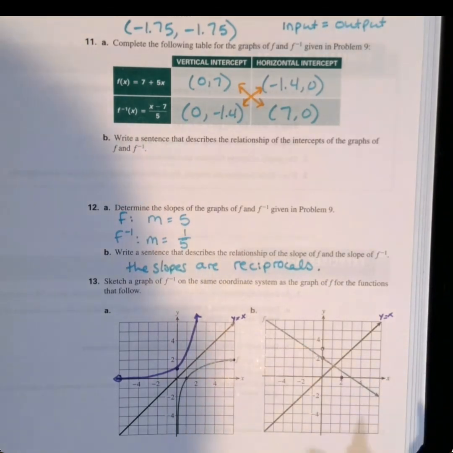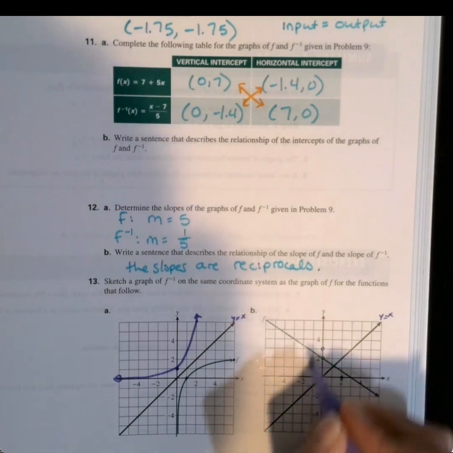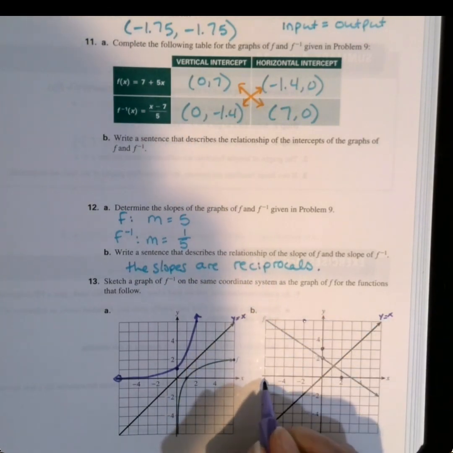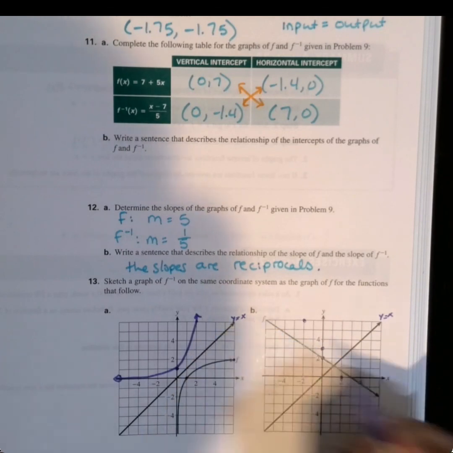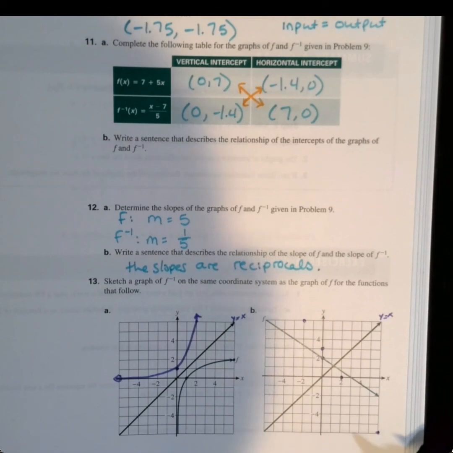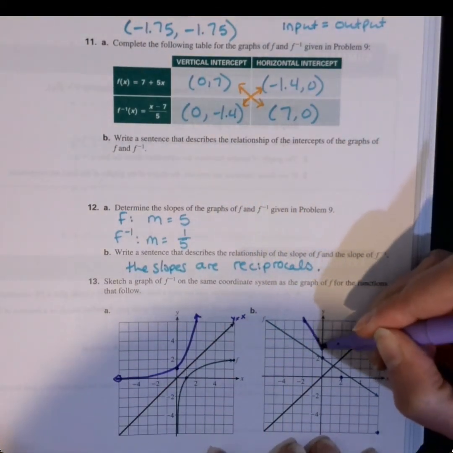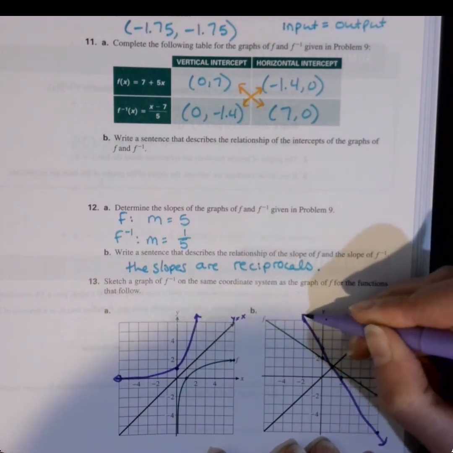I can do a couple more. This point right here would be 6, negative 2. So I'm going to have negative 2, 6. And this point right here would be negative 6, 6. So I'm going to have 6, negative 6. And so we can connect these to see the inverse function.